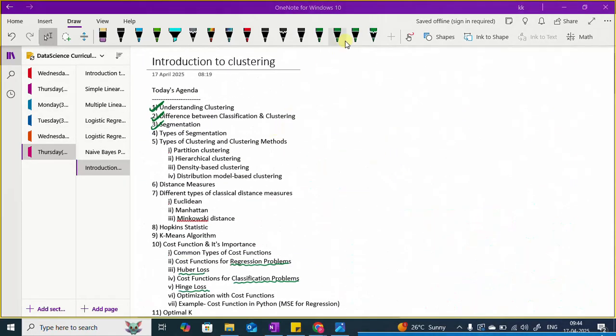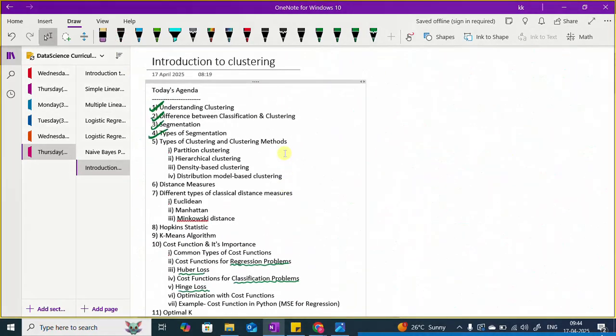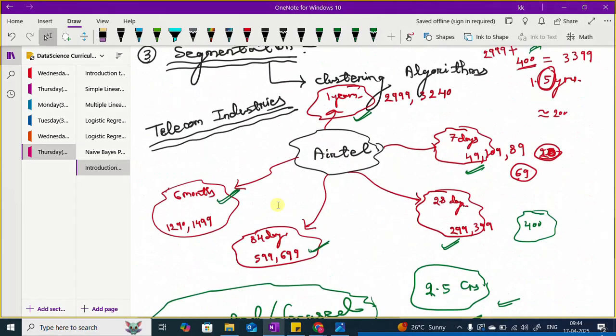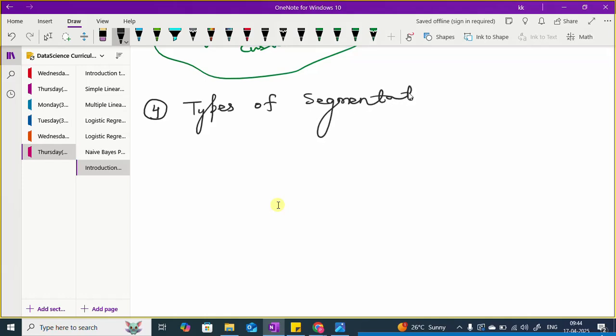Types of segmentation. Coming to types of segmentation, basically it is of three types.